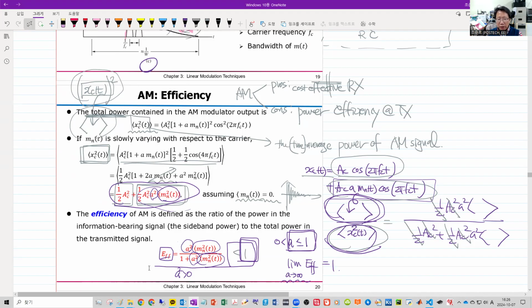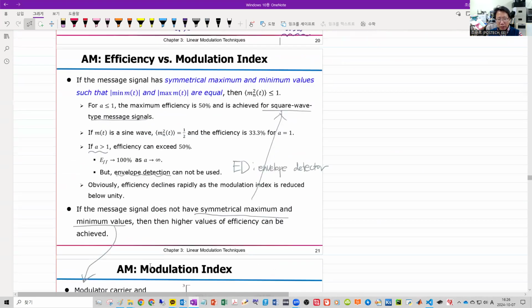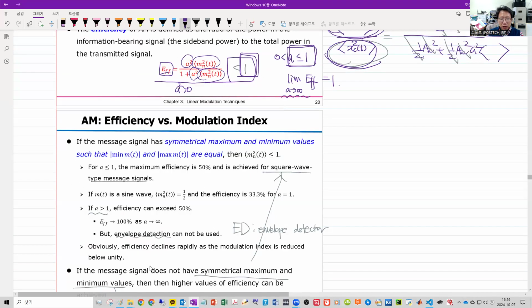Then we have inefficiency, and here are some simple examples. So we assume that the message signal m(t) has a symmetrical maximum and minimum value. This is not the academically, mathematically well-defined one, but let me just say that if it goes up, then within a few microseconds it goes down, and this part is almost the same, so you have almost 0 instantly on average.